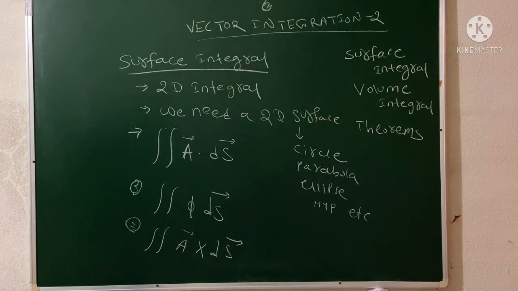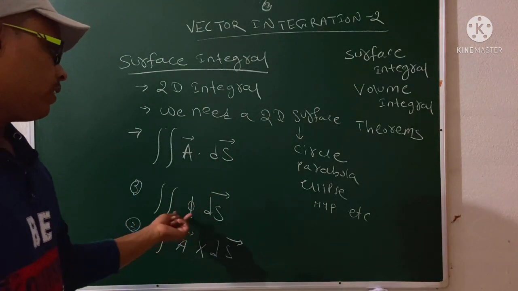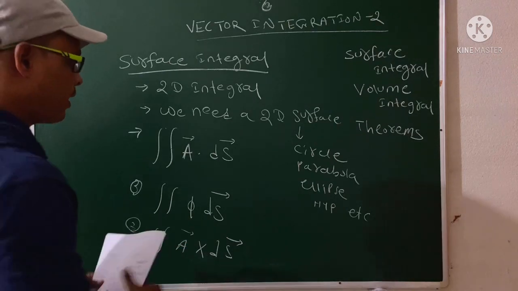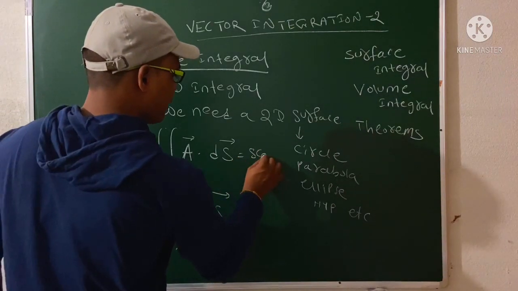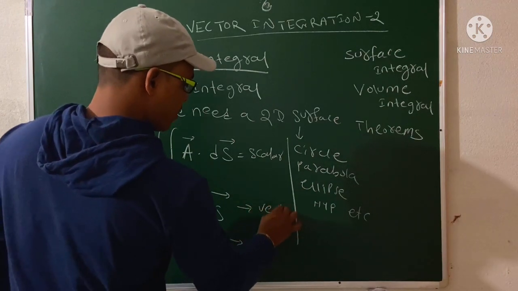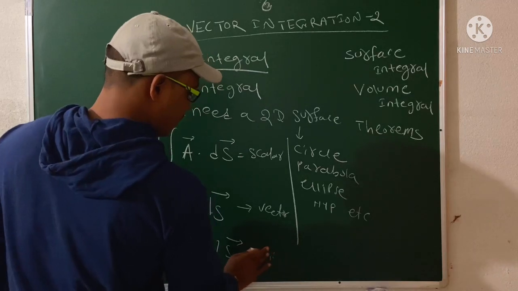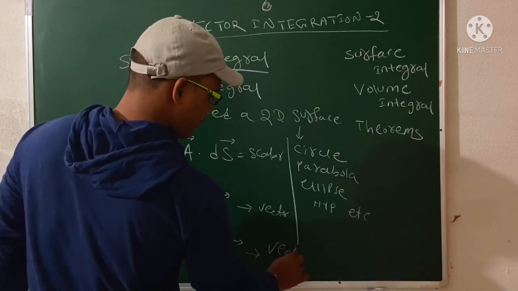The main important thing is the dS vector. So the first integral is a scalar, the second integral is a vector, and the third integral is also a vector.